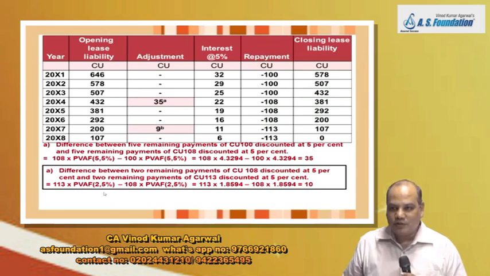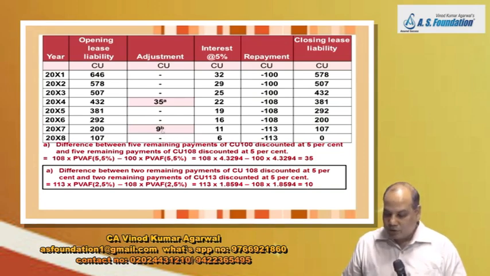Then press GT into 113. That will give you some value minus your opening value 200 here. Is the difference 9 or 10 rupees? Around 10 rupees. No problem. Maybe just 1 rupee adjustment, 9 rupees they have done. So 9 or 10 rupees you can write here.